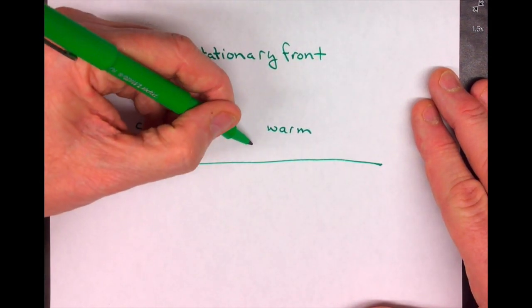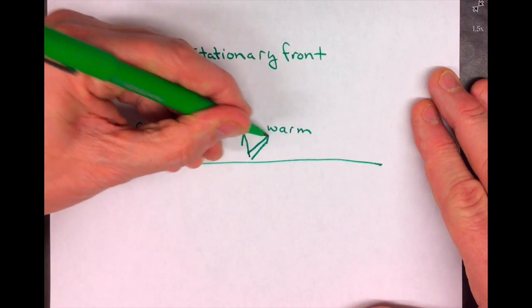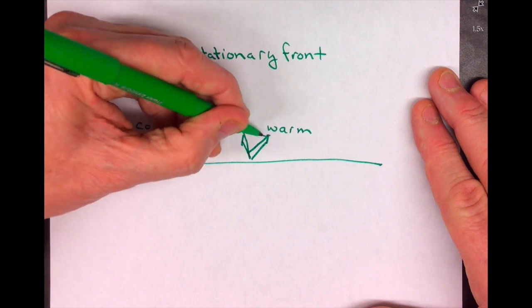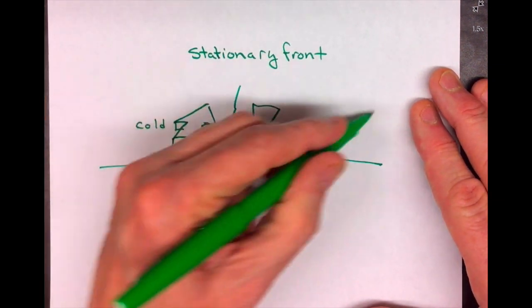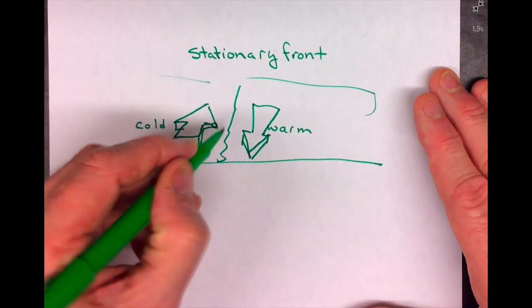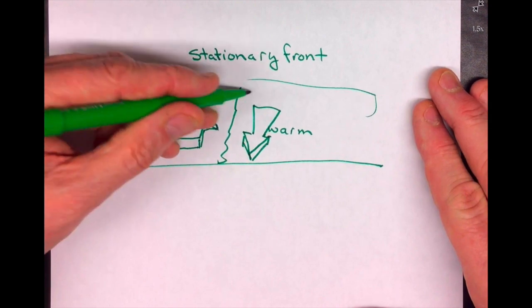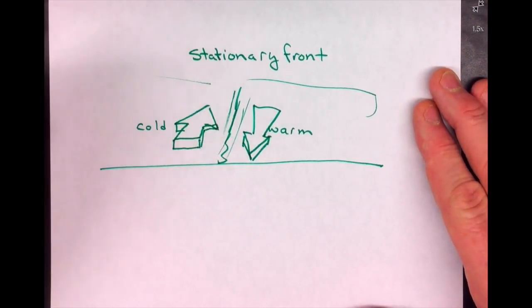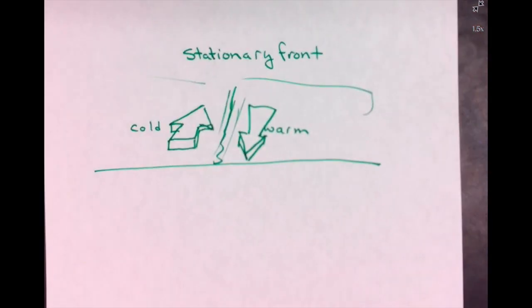Okay, and then the warm air moving this way. And so the boundary between them. And so this is like a 3D view. We're viewing it kind of isometrically, like looking down.